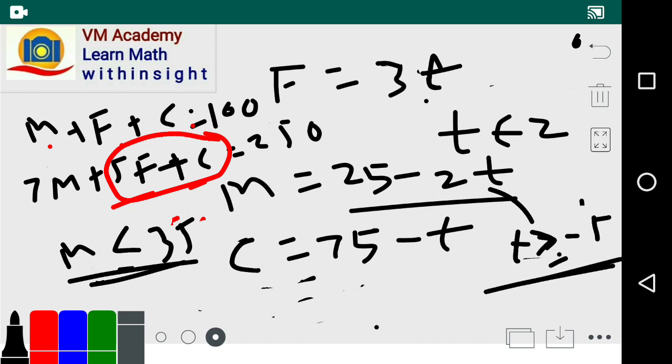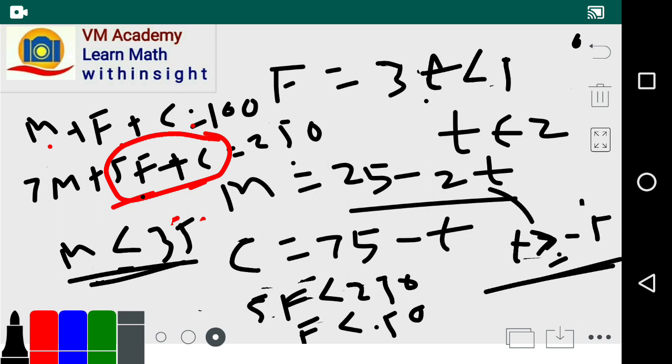And similarly calculate the value of f. Here we have 5f less than or equal to 250. That means f is less than 250 divided by 5, that is 50. So f less than 50 means 3t less than 150, means t less than 16.